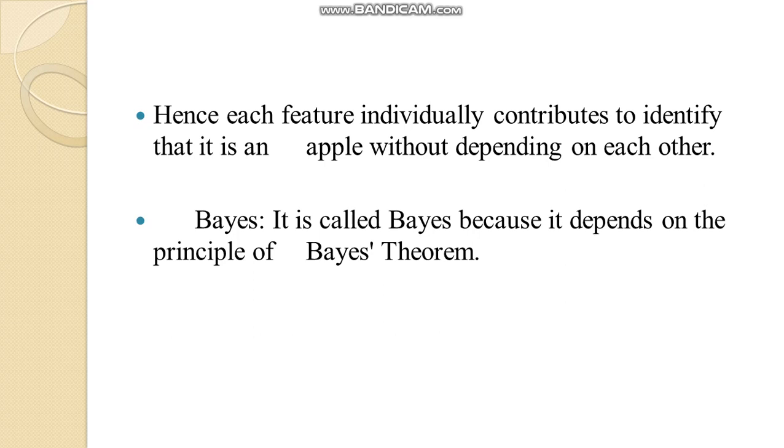Hence, each feature individually contributes to identify that it is an apple without depending on each other. It is called Bayes because it depends on the principle of Bayes theorem.